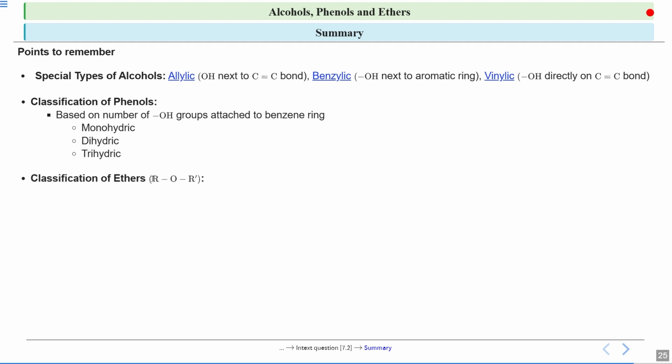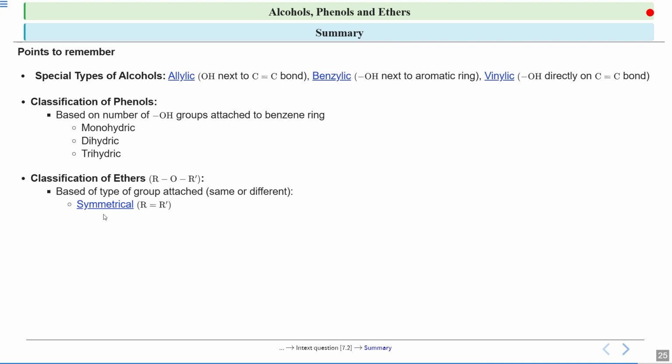Then we have seen the classification of ethers. The general formula for ethers is ROR. R and R prime may or may not be the same. The classification of ethers is based on the type of group attached, whether they are the same or different, that is, alkyl or aryl groups. They are classified as symmetrical if the groups on both sides of oxygen are the same, that is, R equals R prime.